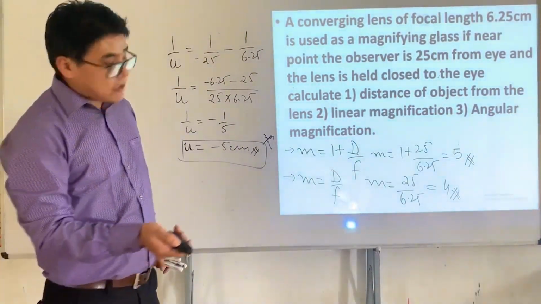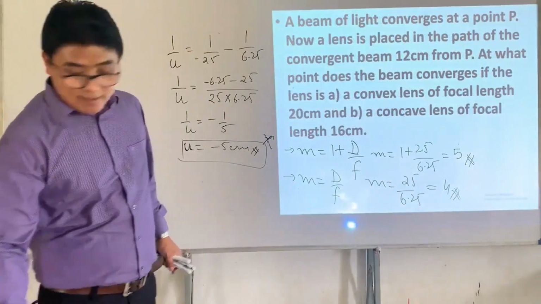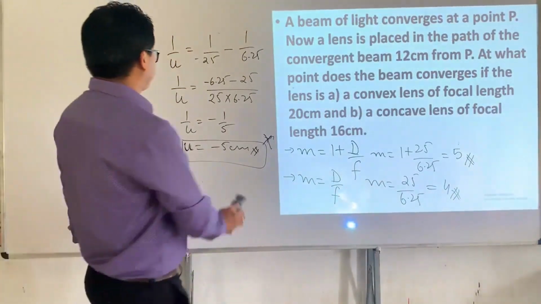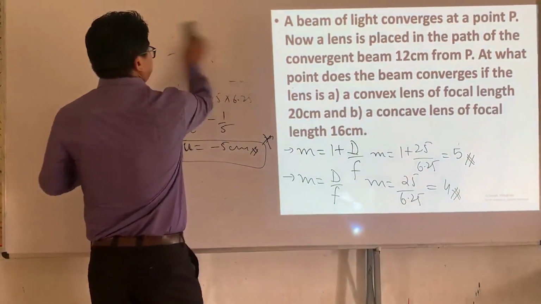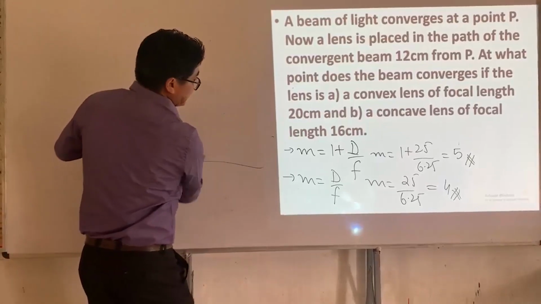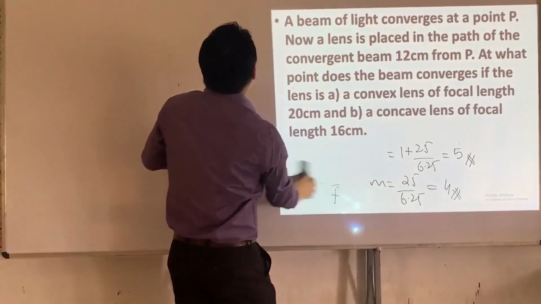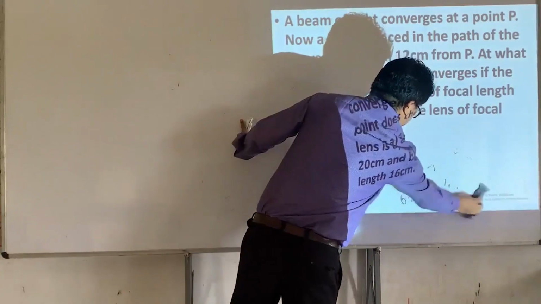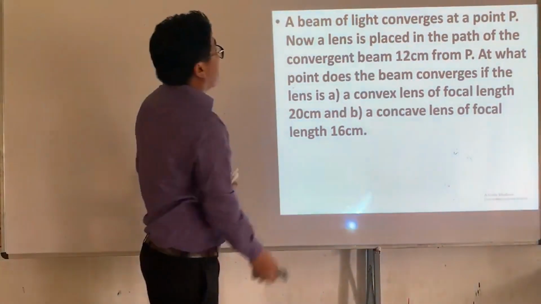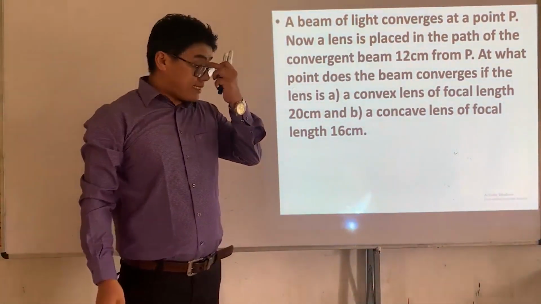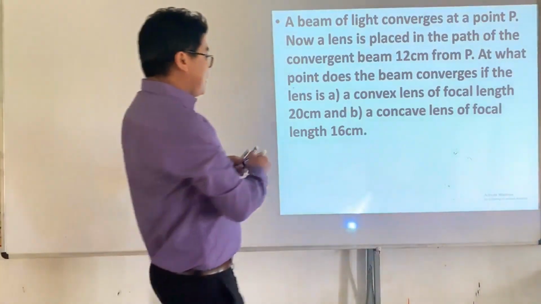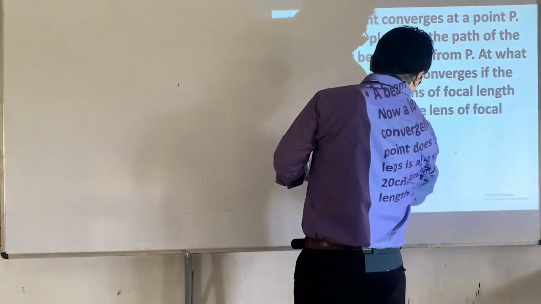Yes, now the next problem I have is, a beam of light converges at P. It is something like this. I get a beam of light, something like this.